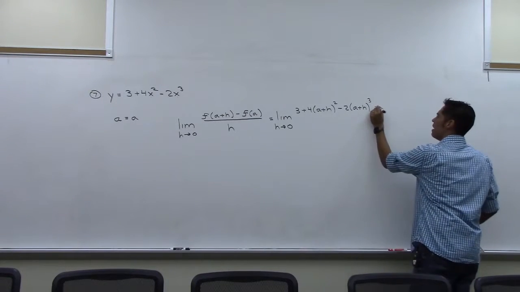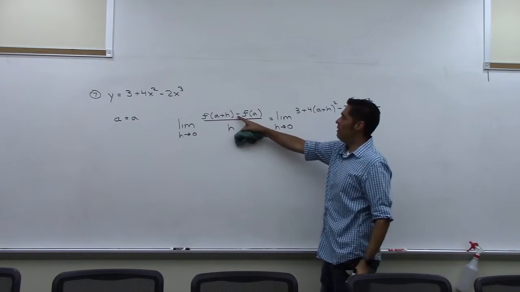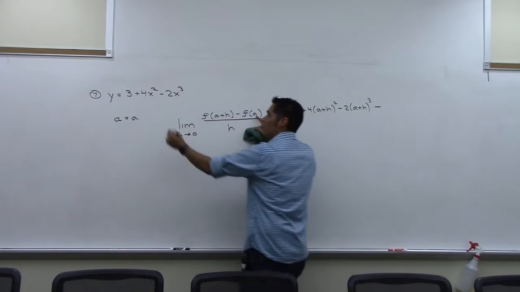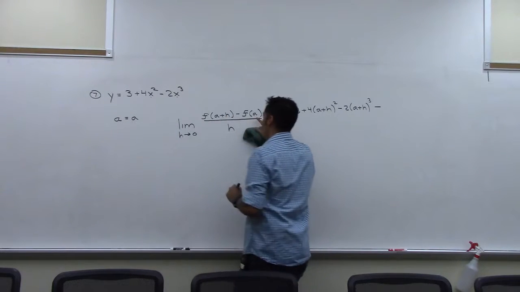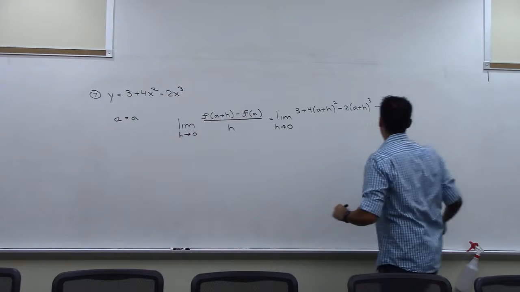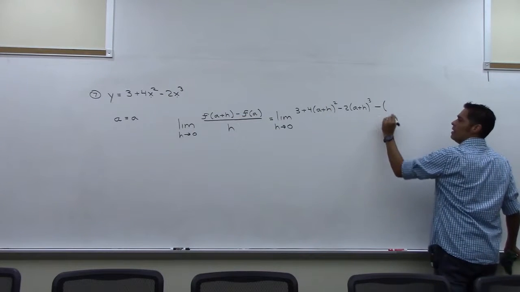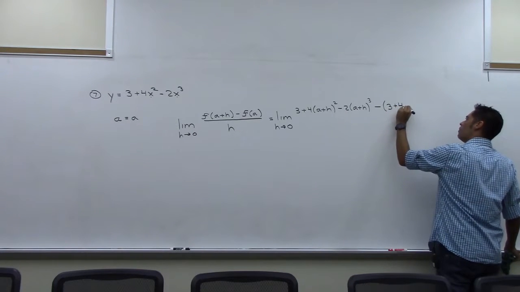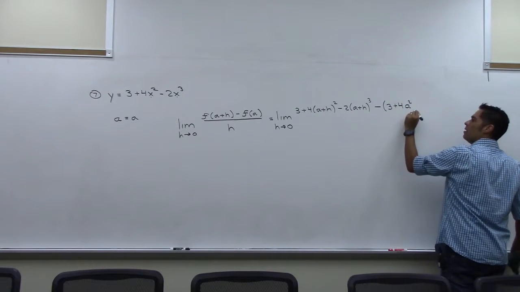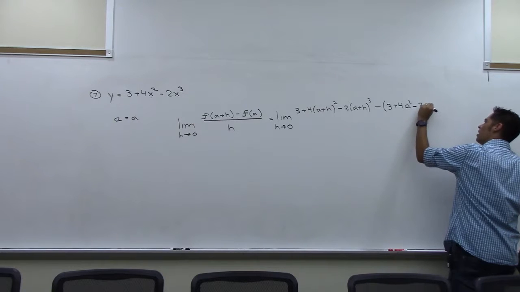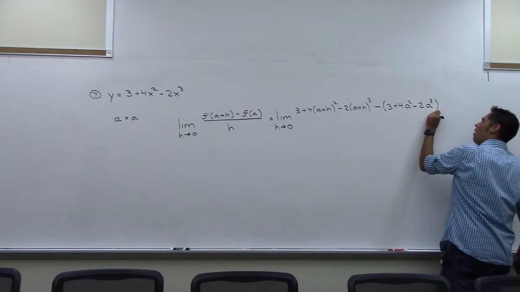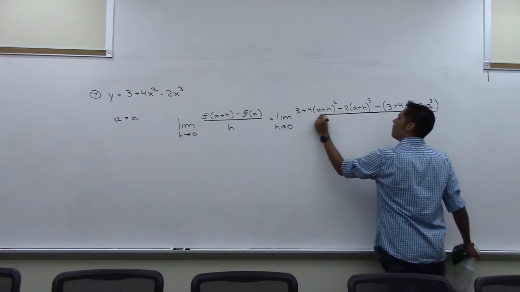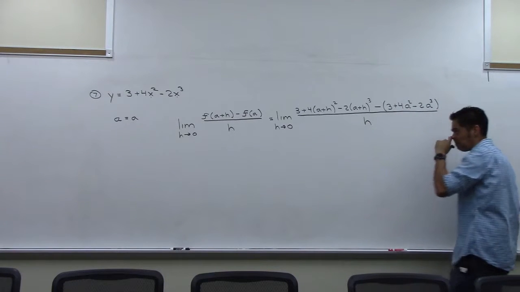Okay, minus f of a. That means come in here and replace this with a and this with a, but subtract the entire quantity. So I'm going to do this in parentheses. It's that function up there, 3 plus 4, but replace the x with a, so a squared, minus 2, and then replace the x with a cubed. All of this over h.